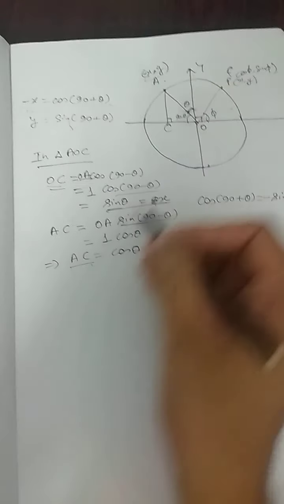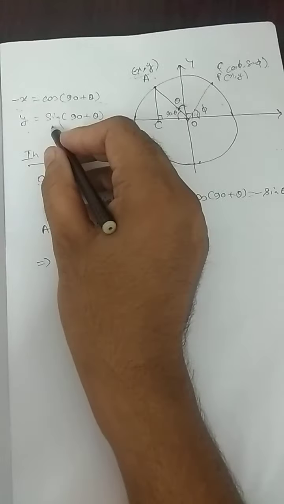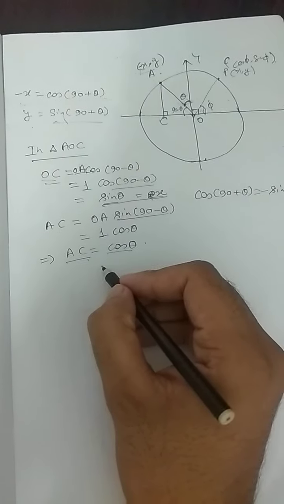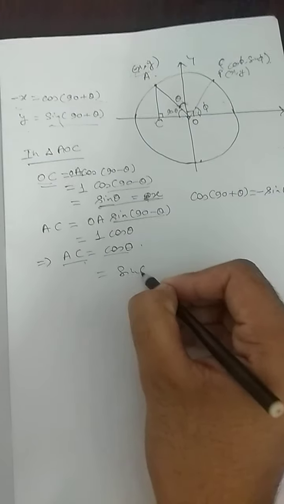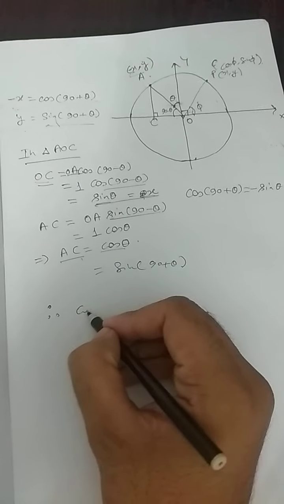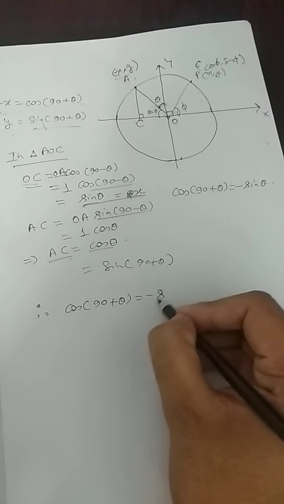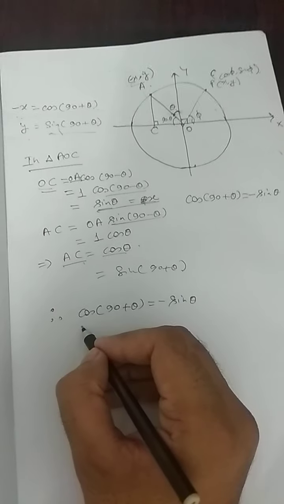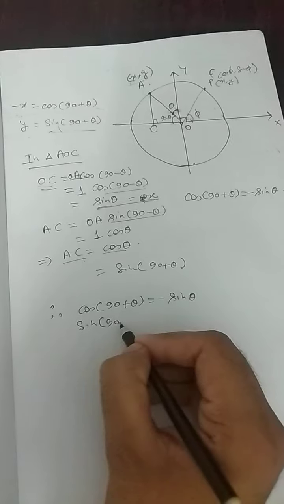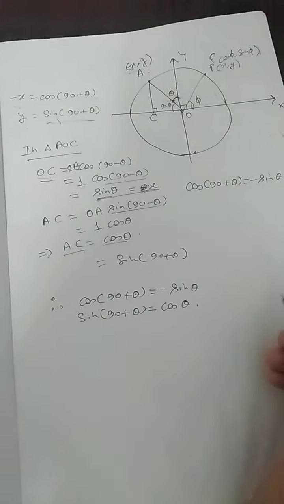Similarly AC, this y, is the magnitude, and this is sine of 90 plus theta. Therefore cos of 90 plus theta is minus sine theta and sine of 90 plus theta is cos theta.